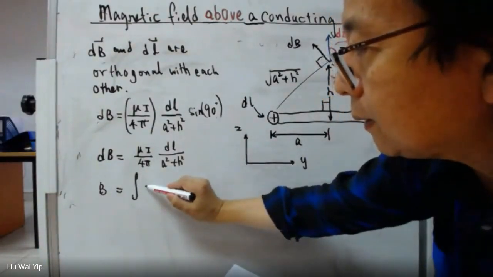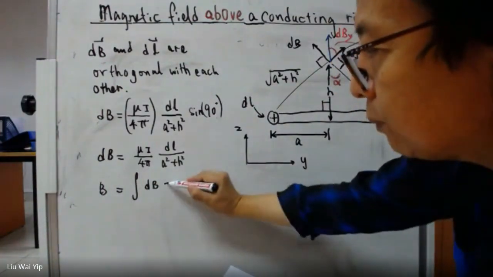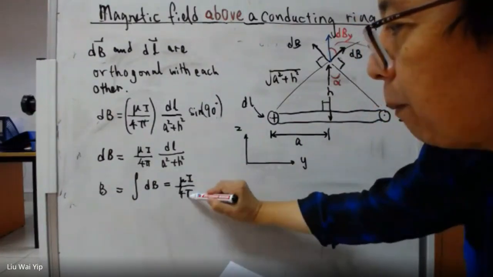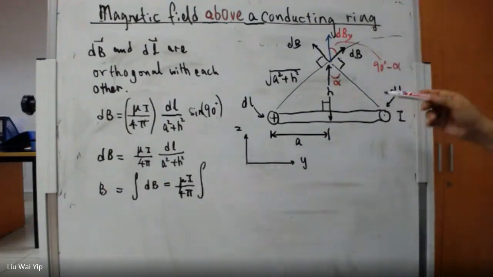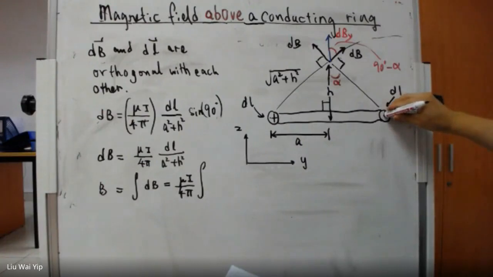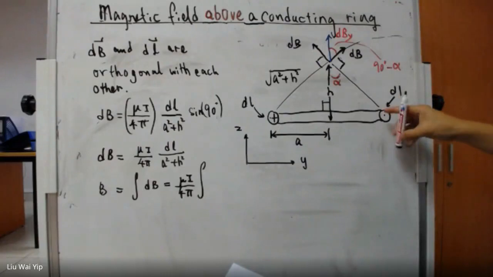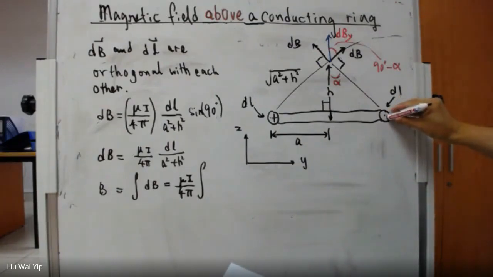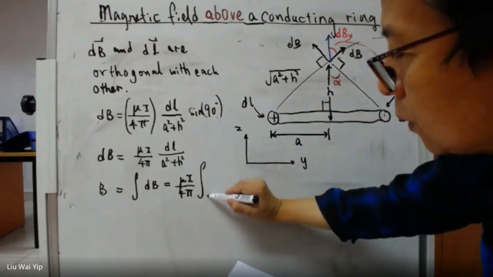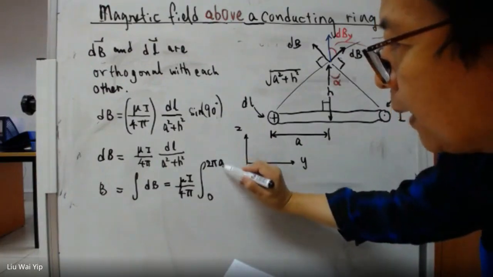The integral of dB is given by mu I over 4 pi, and the integral should start from here, from 0 until 2 pi a.